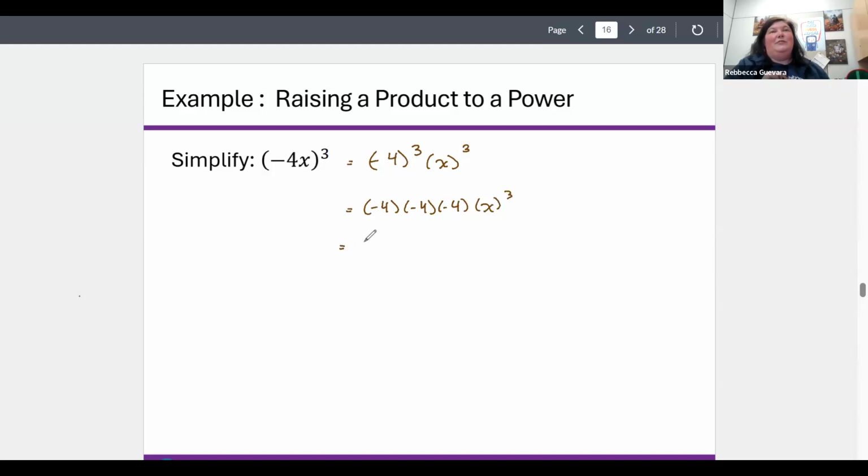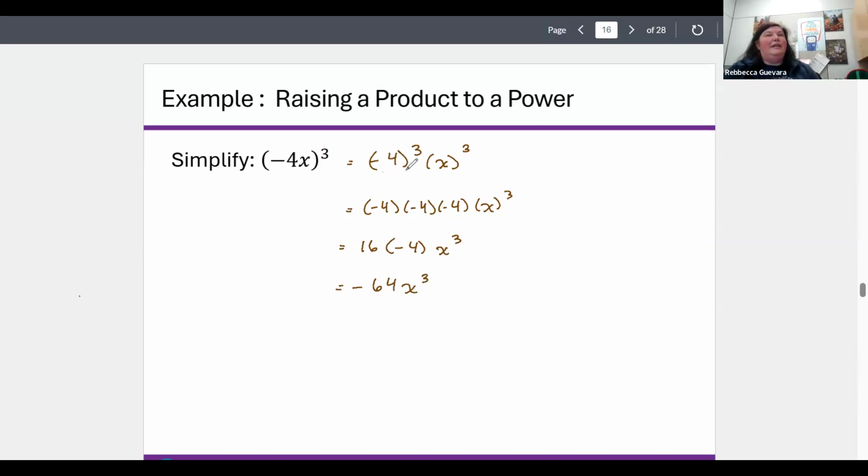So the negative 4 times the negative 4 is going to be 16 times negative 4. Now we're going to have 16 times negative 4. That is going to be negative 64x cubed.